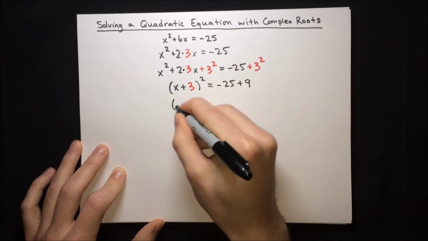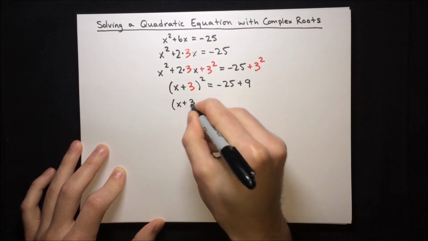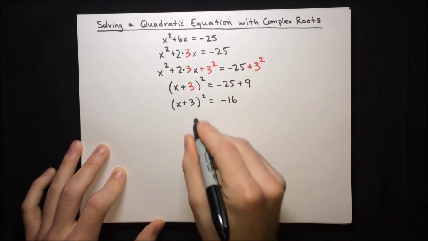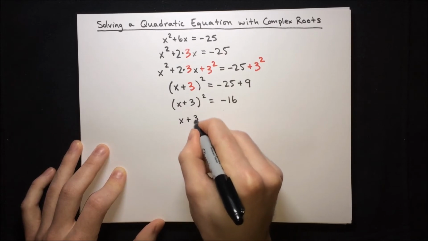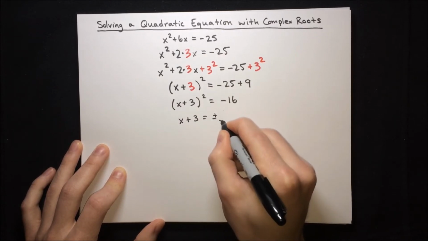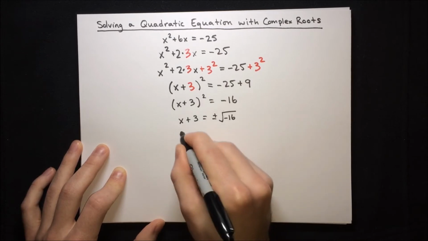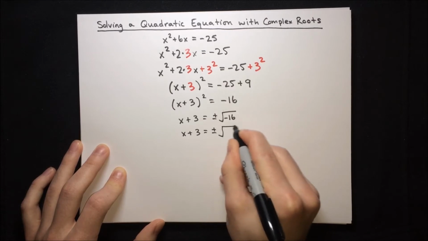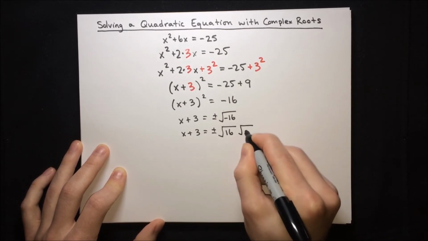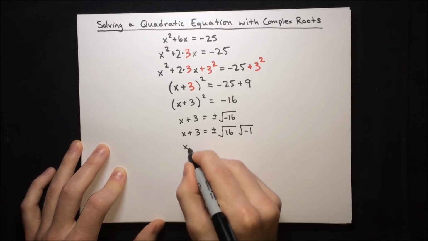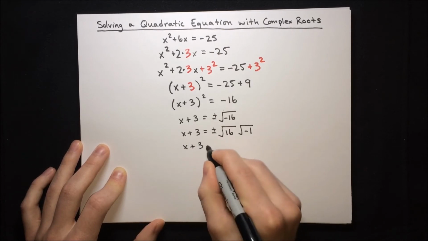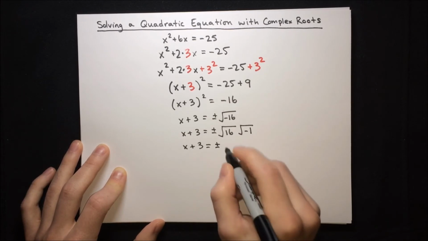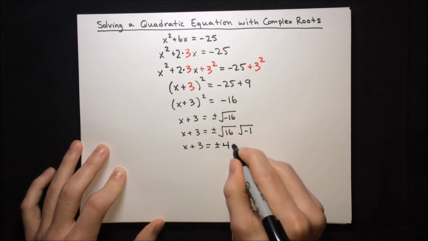So let's go ahead and simplify that right hand side. So we get x plus 3 squared equals negative 16, and we can go ahead and take the square root, get x plus 3 equals plus or minus root of negative 16, and we can write that root negative 16 as root of positive 16 times root of negative 1, and then to convert into imaginary numbers on the right hand side, that becomes plus or minus root of 16 is 4 and root of negative 1 is i.